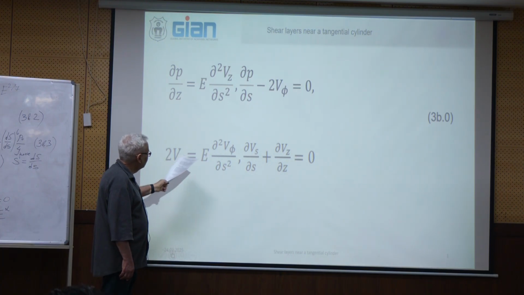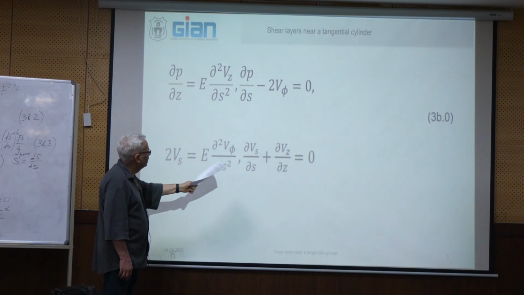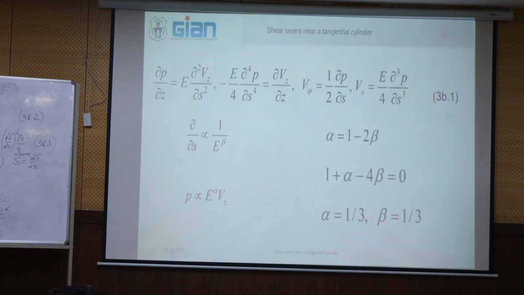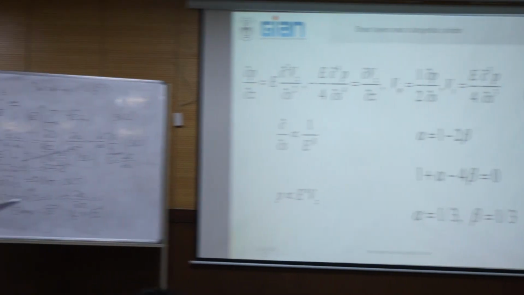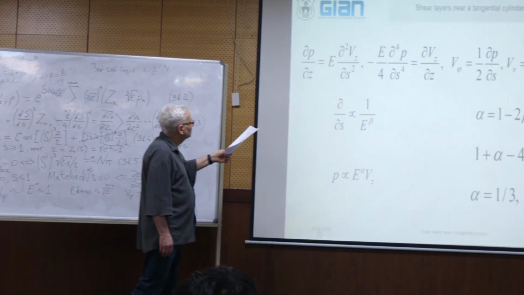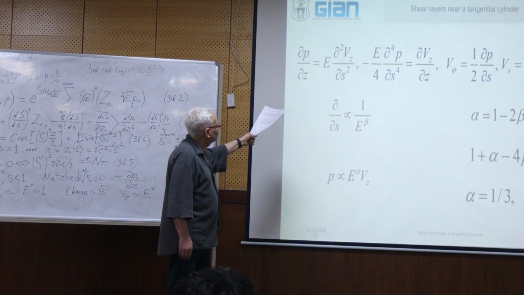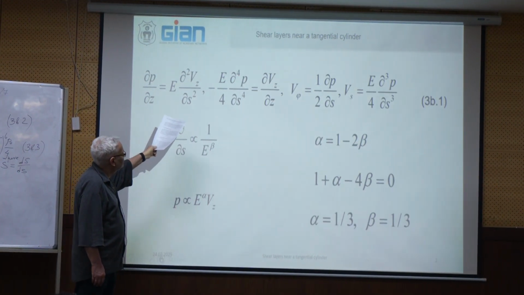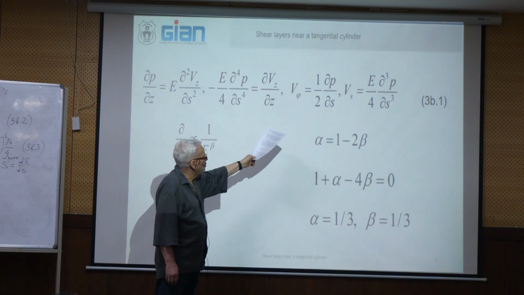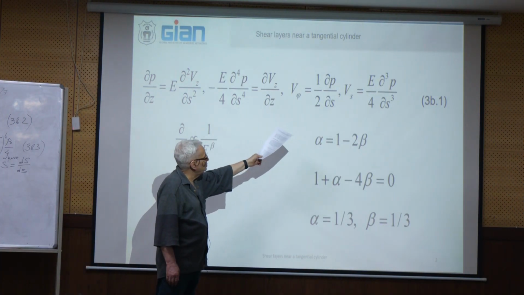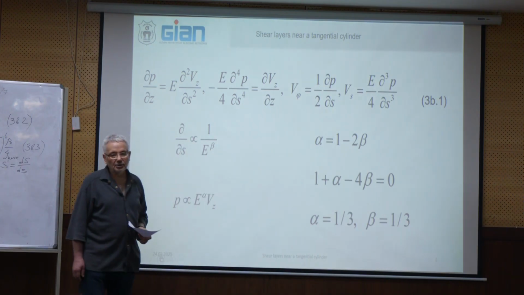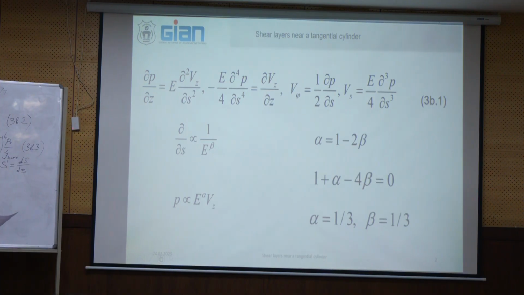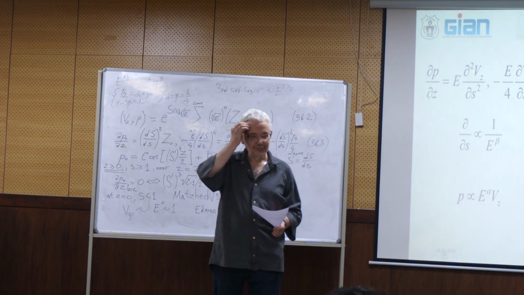Finally, we obtain these two formulas for P and Vz, and the remaining component of the velocity can be expressed via the P. You can train yourself on this stuff. Thank you, sir. Not at all.